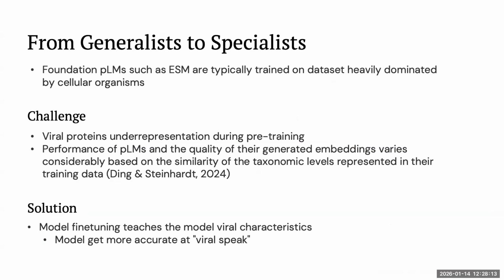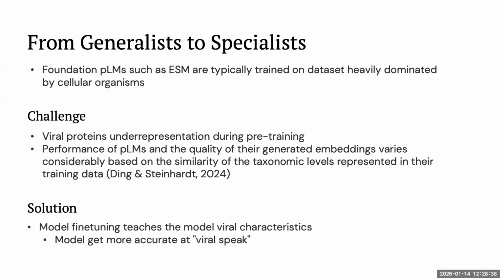So it turns out that the protein language model that we use, called ESM2, is a product of Facebook Research, which is now Meta. They released a bunch of protein language models that are absolutely fantastic. The only problem is that these are foundation language models, so they're typically generalists.